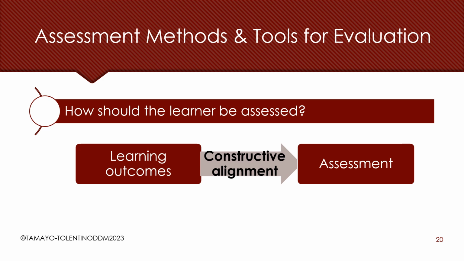Assessment methods answer the question, how should the learner be assessed? And as emphasized, the decision on what assessment methods to be used should be guided by the learning outcomes.